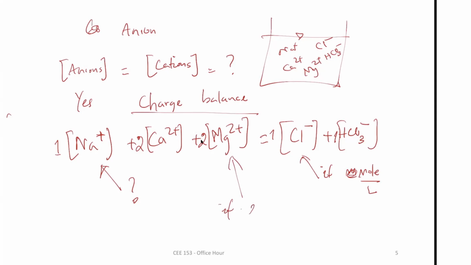If you already write everything as equivalent per liter or milligram per liter as CaCO3, do not bother about charge, because you are adding up calcium carbonate. All calcium carbonate has the same charge, so it doesn't really matter.